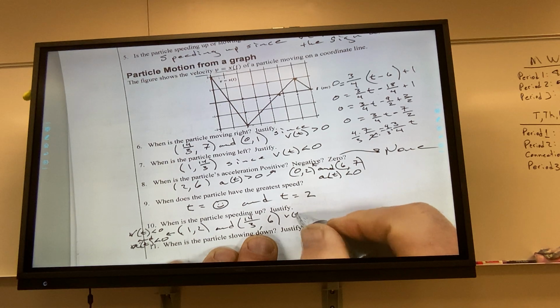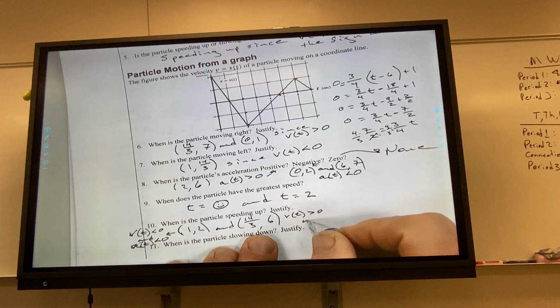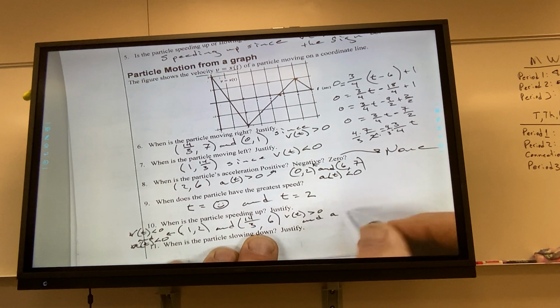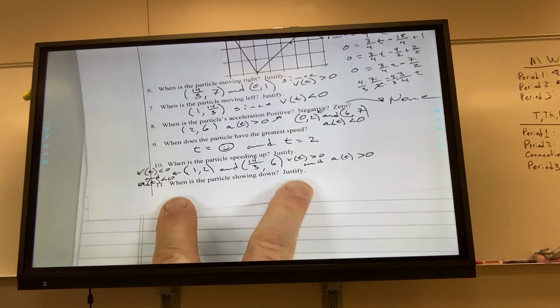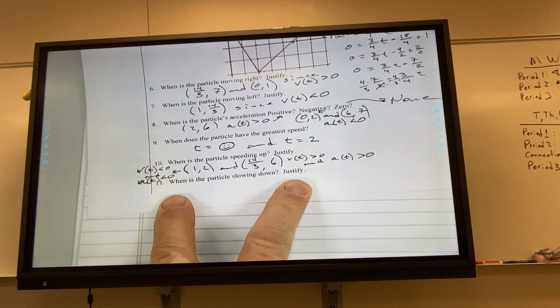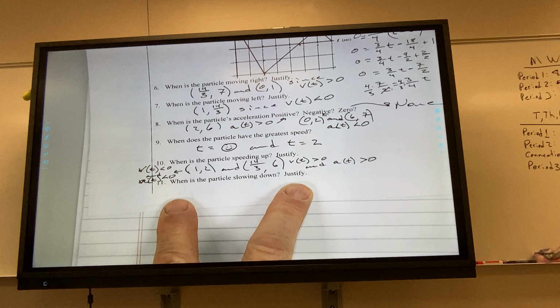It's positive. And is the acceleration also positive? Yes. And what I could have said, to make it briefer, is that in these intervals the acceleration and the velocity have the same signs. You don't have to be really specific.